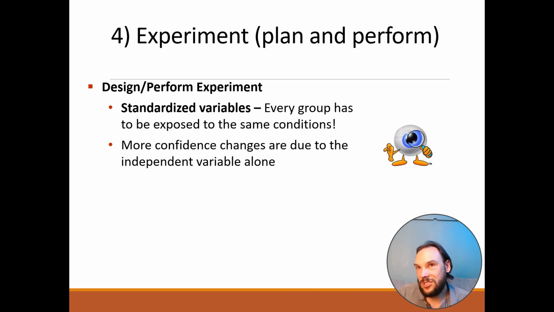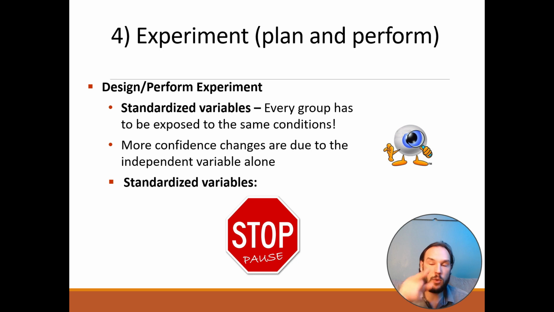And as I mentioned, if you have better standardized variables, you also get more confidence that changes are due to the independent variables alone. So for standardized variables, I want you to think about something that we can keep the same between all the sanitizers. I give you a moment to write that down, and then we're going to talk about what would be some good ideas for standardization.